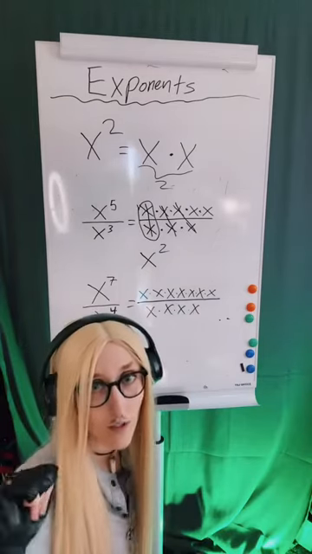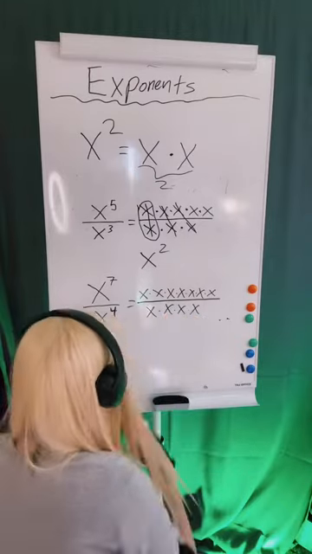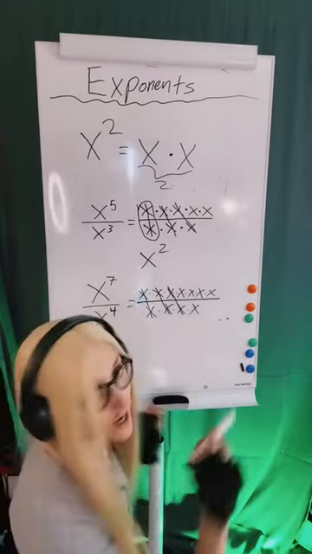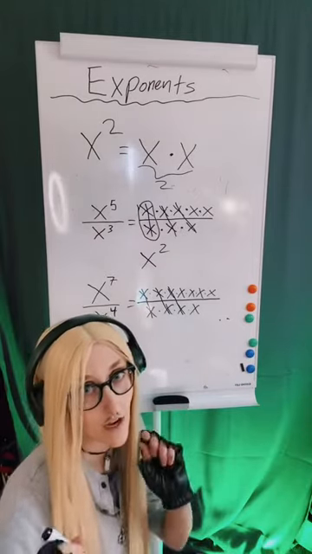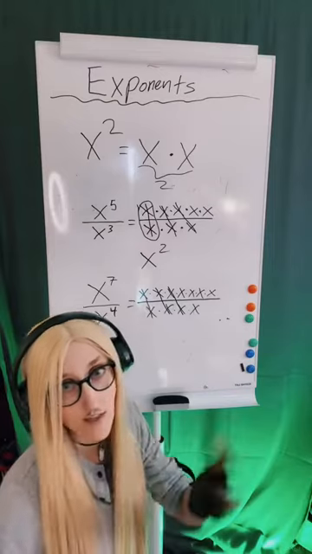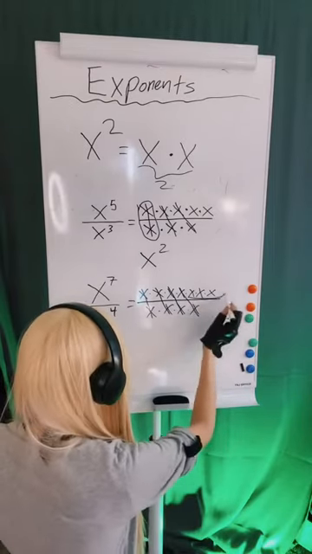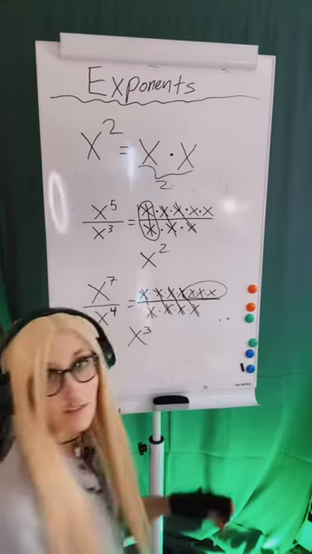So now we're going to just start canceling them out and see what I have left. I find the canceling out part very satisfying. Crossing stuff out, always satisfying. And I'm left with 3 x's. X to the third.